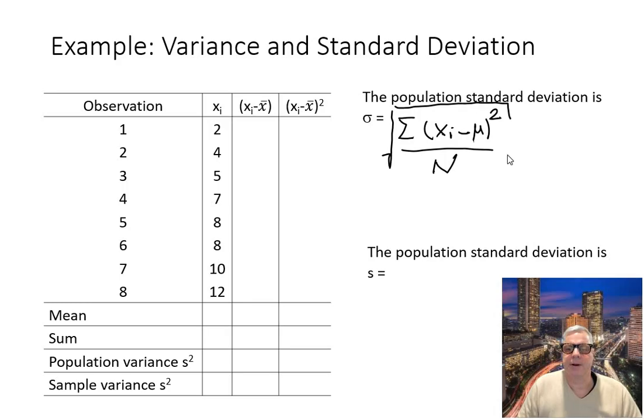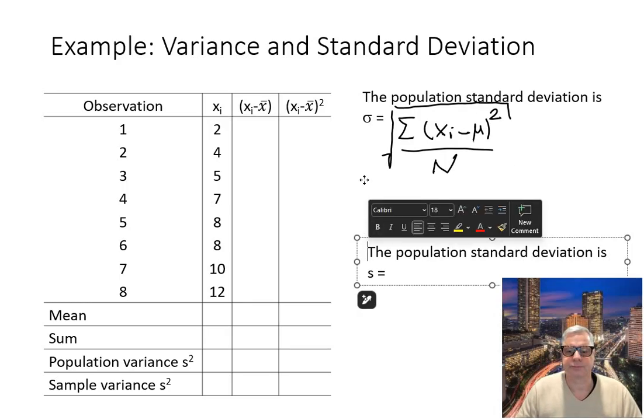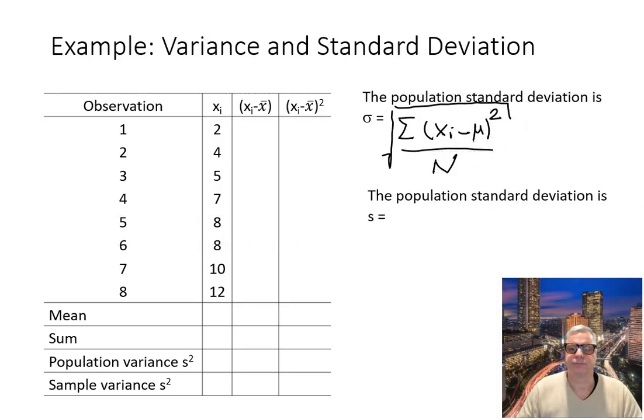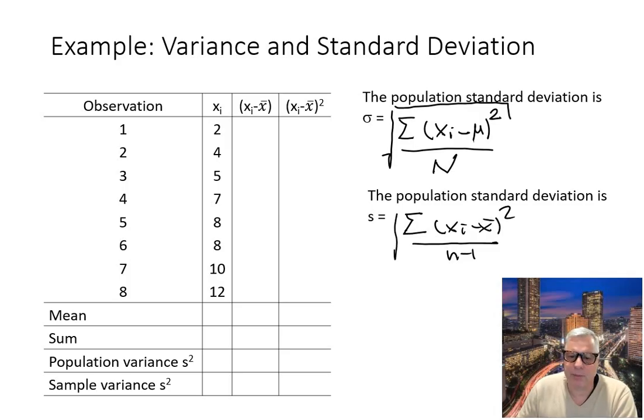And the sample standard deviation is the square root of the sum, and we will write it with x bar because that indicates that we are actually dealing with a sample. Then we divide by n minus 1 and take the square root.